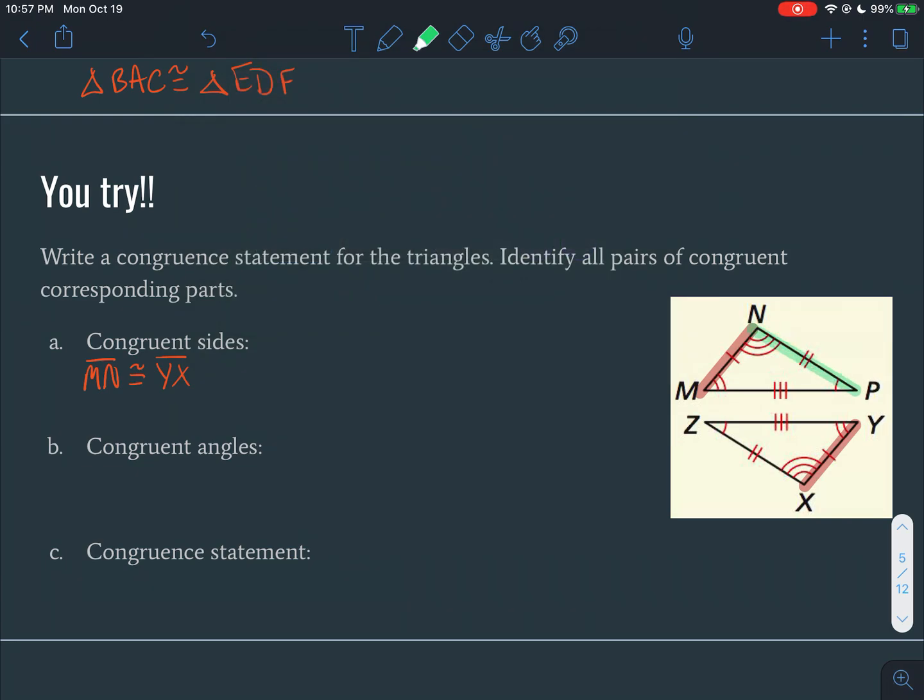NP has 2 dashes, so NP is congruent to XZ, which has 2 dashes.